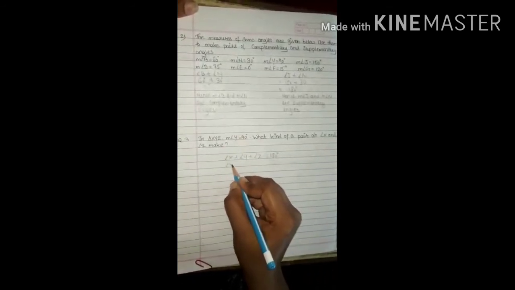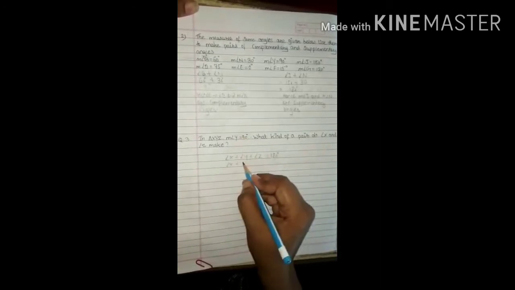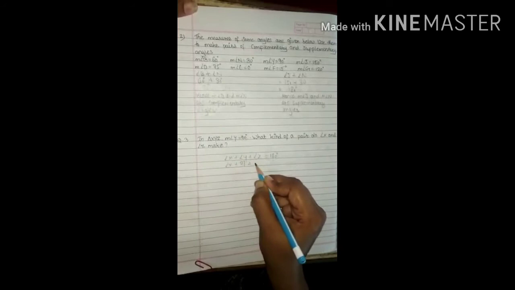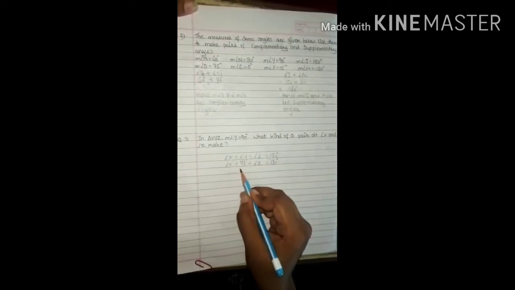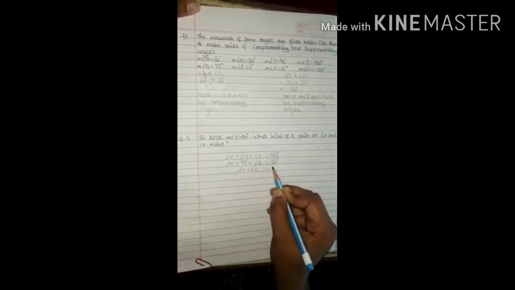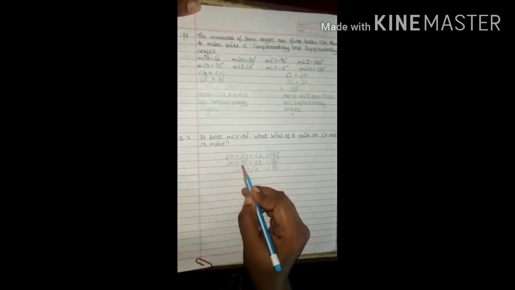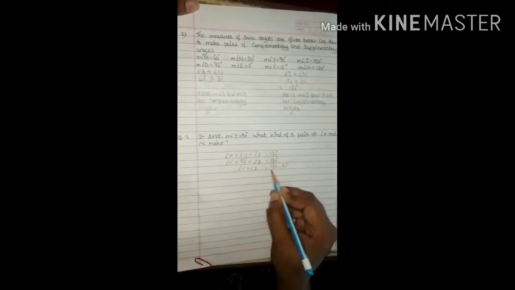Now angle Y is given as 90 degrees. So we will write X as it is, at the place of Y we write 90 degrees, plus angle Z as it is. Now angle X plus angle Z will remain here and 180 will remain here. This 90 goes to the other side, so it becomes 180 minus 90. When you do the subtraction, the answer will come 90 degrees.